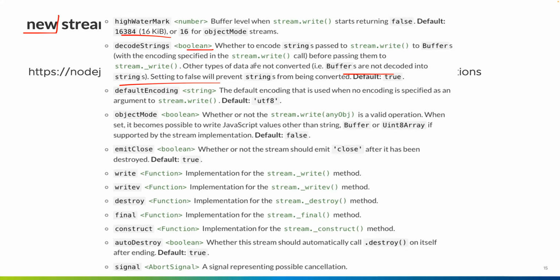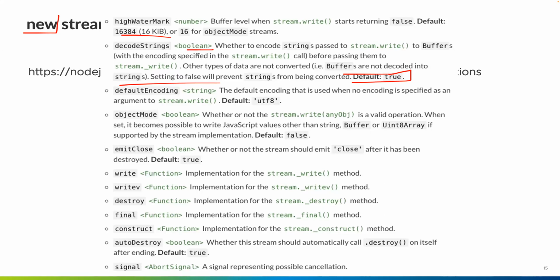decodeStrings default is true, because when we looked at streams, we talked about how you can use strings, buffers, or a Uint8Array.